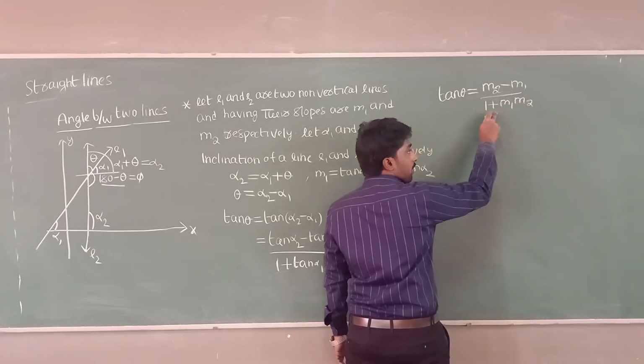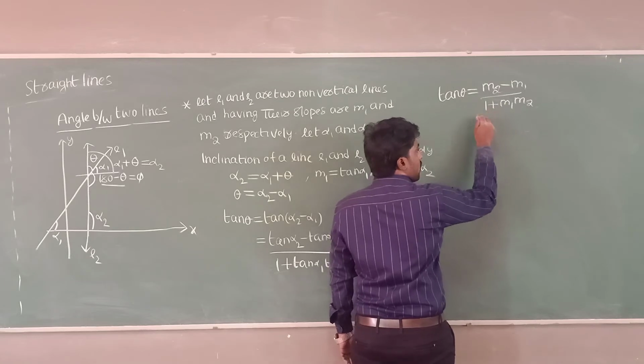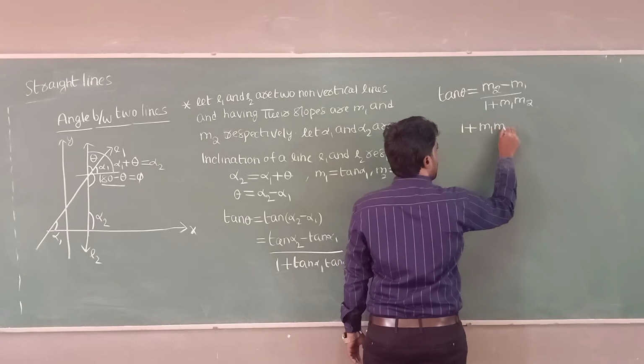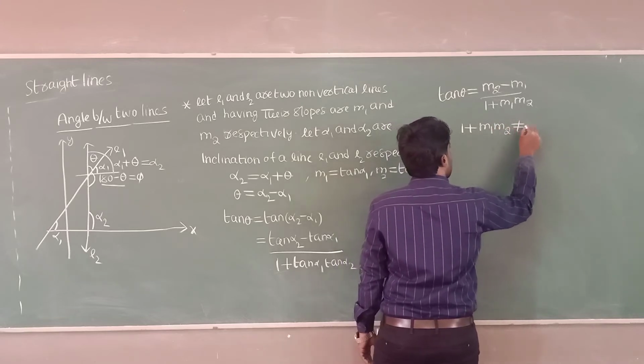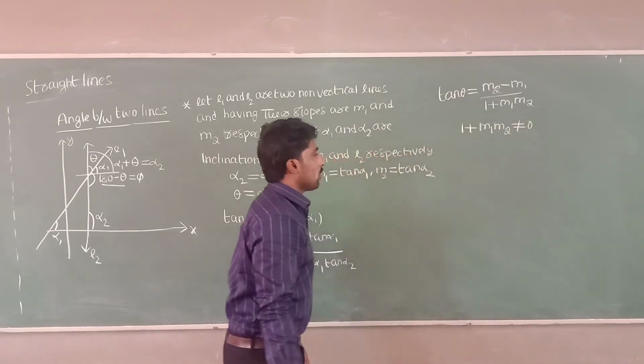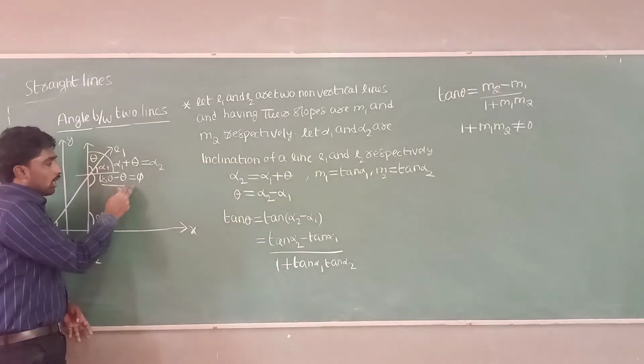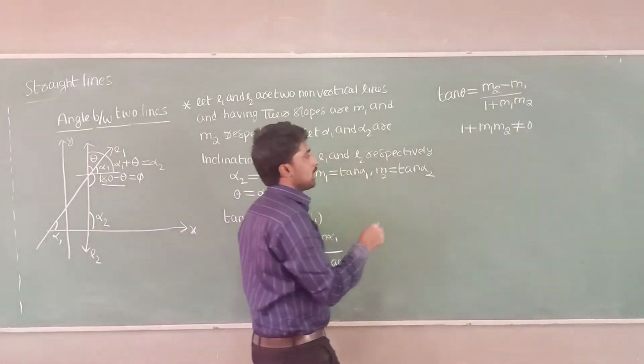This denominator value can never be 0, because if it is 0 the angle is not defined. So 1 plus m1 m2 is not equal to 0. I got one angle between the lines, so I want the other angle. The other angle is pi equals 180 minus theta.